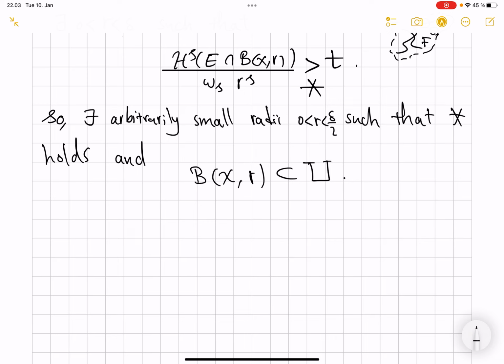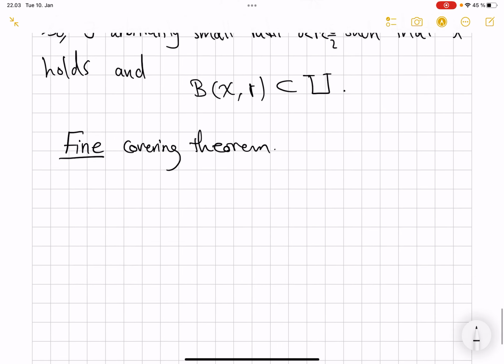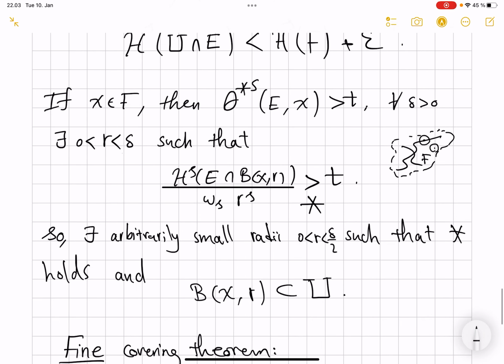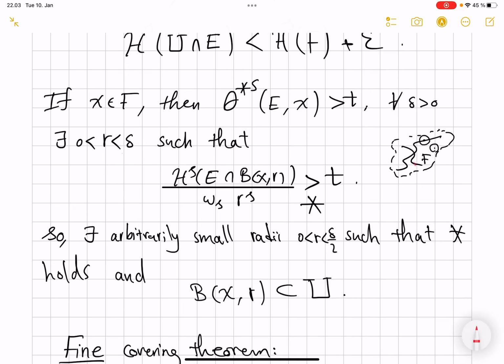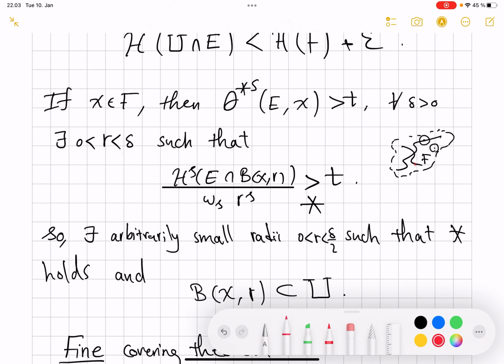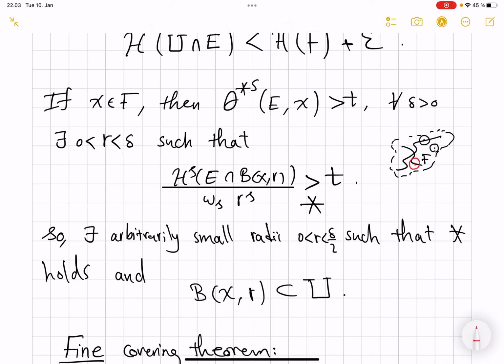Now here comes a covering theorem, but this is for fine coverings. I haven't discussed this in Young measures, but the situation here is a bit different, because for the set F, at every point there is not just one, but a whole bunch of arbitrarily small radii.